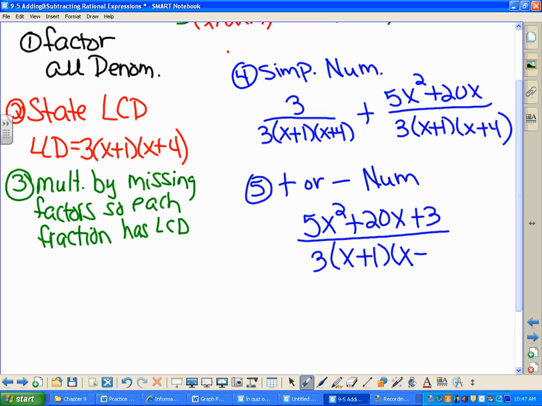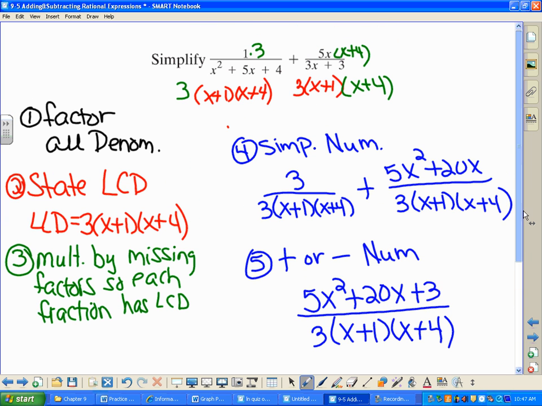Any questions with that? Yes. You mean right here? Because if you went ahead and factored and reduced that one, what you're going to end up with is this same fraction that you started at. 5x over 3 times the quantity x plus 1. And then these two would no longer have a common denominator, and then you would no longer be able to add them.